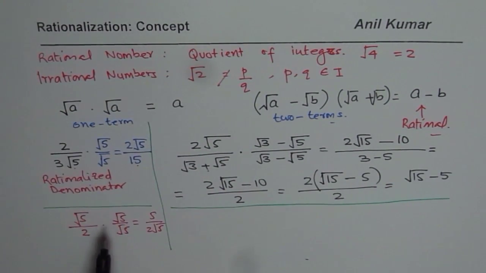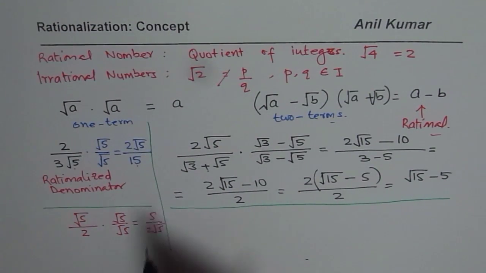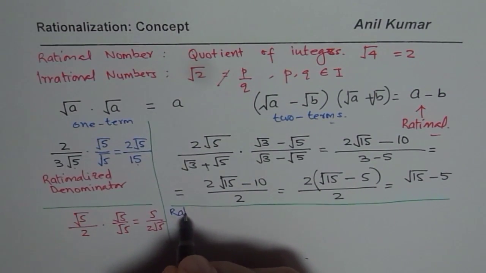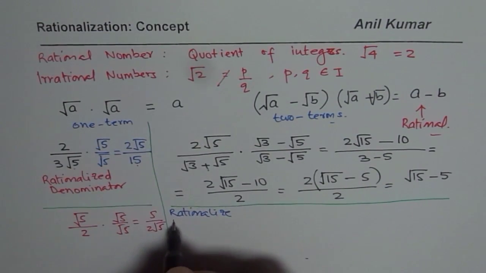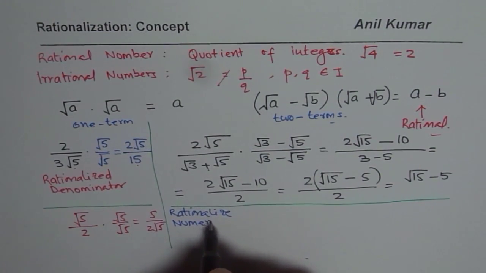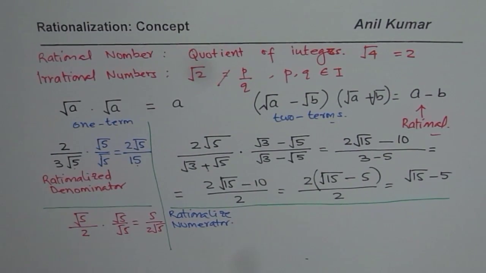Do you see that? So in this case, I have rationalized the numerator. So there will be examples where at times we will rationalize the numerator, not the denominator. Well, we will also have examples where we rationalize both numerator and denominator, okay?